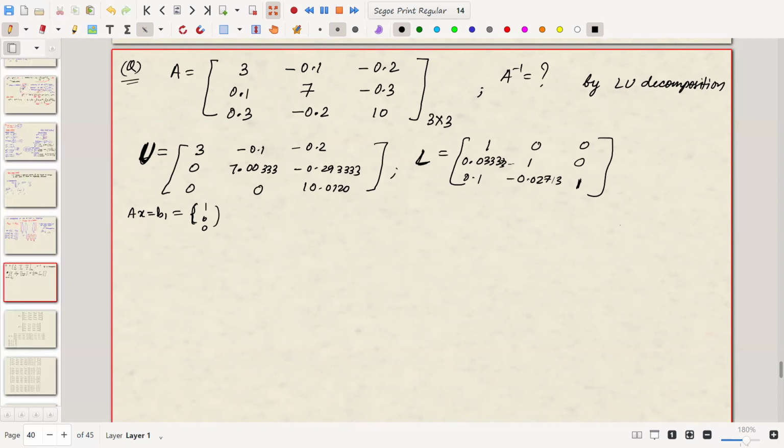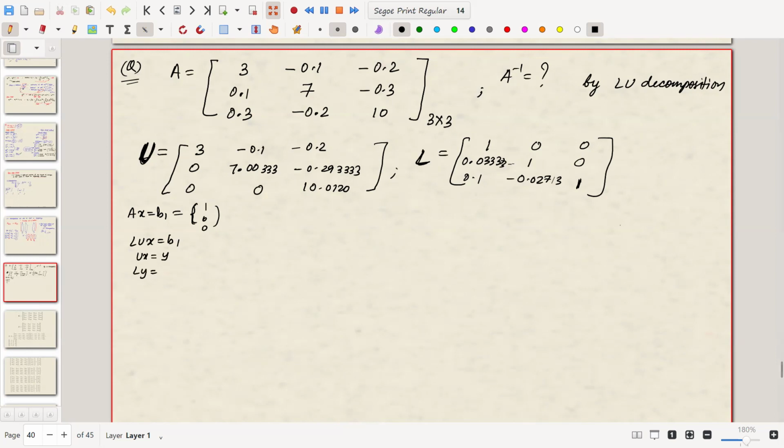Carefully remember how you solved LUx equal to B. Let Ux equal y, suppose.